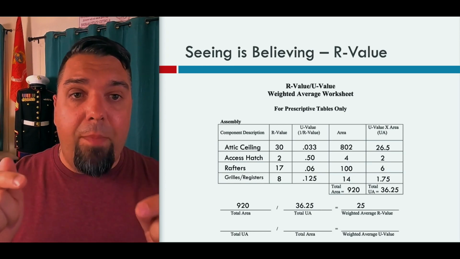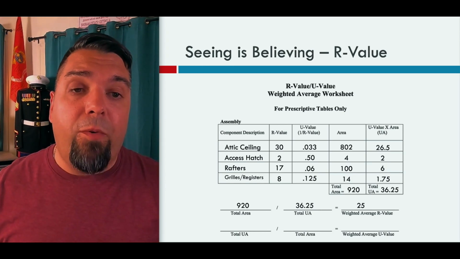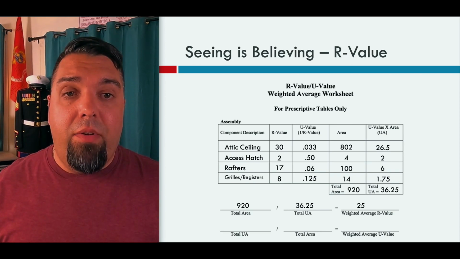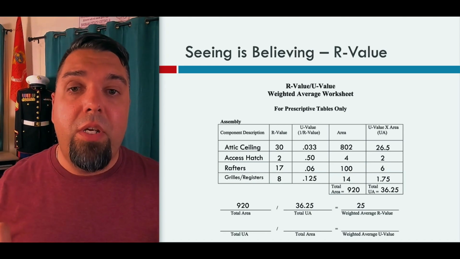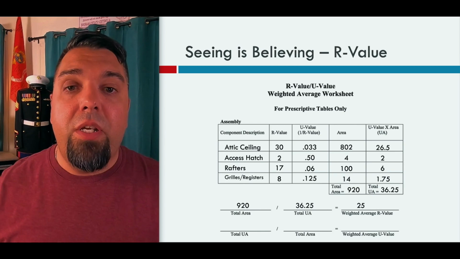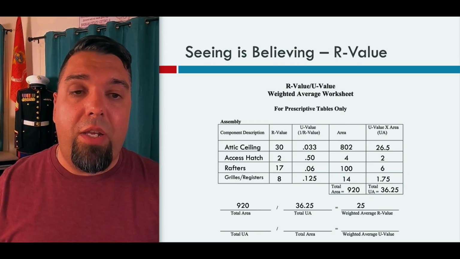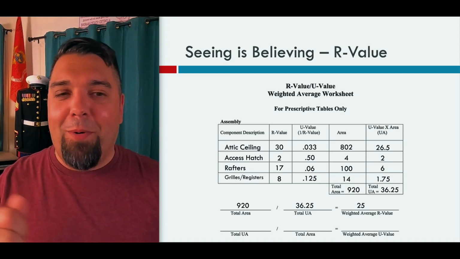If I add up all of the area, I have a 920 foot ceiling, and out of that 920 feet I deducted the square footage of my grills and registers, the square footage of my rafters, and then of course the 4-foot access hatch. So that must be 2x2, really small. We're not going to be pulling stairs down on that one.